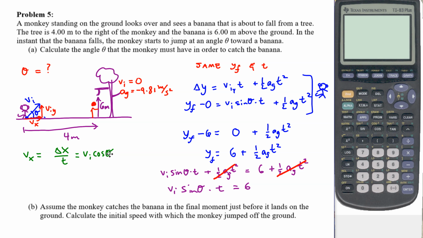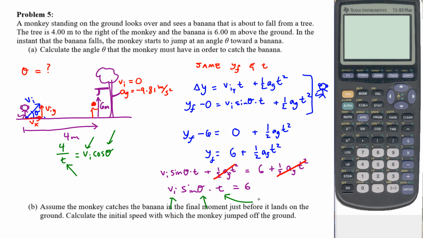And if we look at this, if we plug in delta x as 4 meters, I don't need that Vx anymore. I have the exact same unknowns, time, vi, and theta, here as I have here.